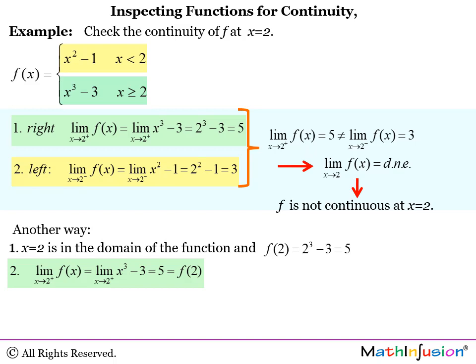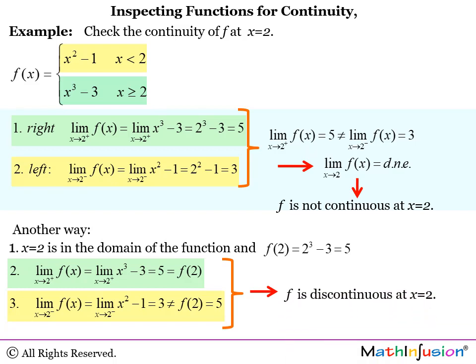We are using the branch from the right, which is x cubed minus 3, and we get 5, which is okay, it's f of 2. But now, when we take the limit of the function when x approaches 2 from the left, we get 3, which is not equal to f of 2, which is 5. And again, we conclude that the function is discontinuous at x equals 2.